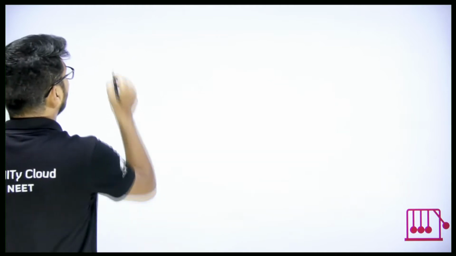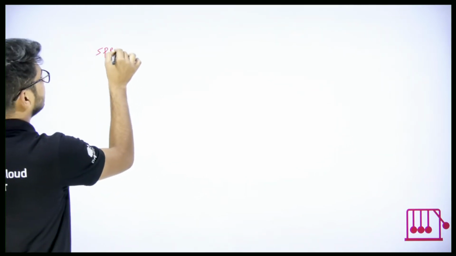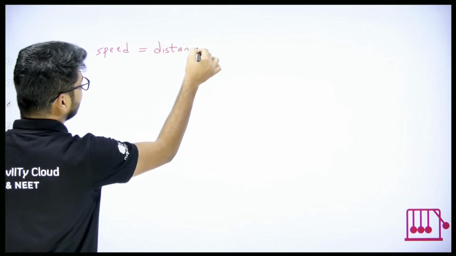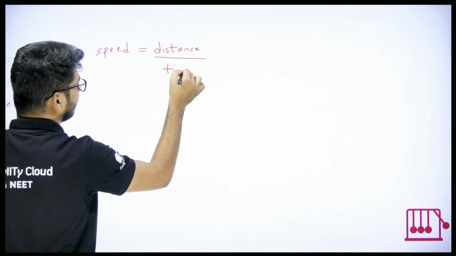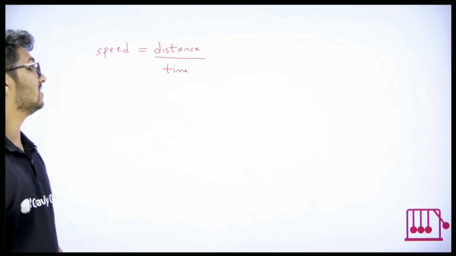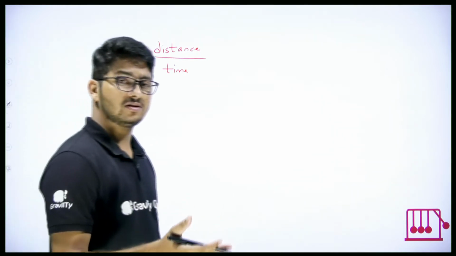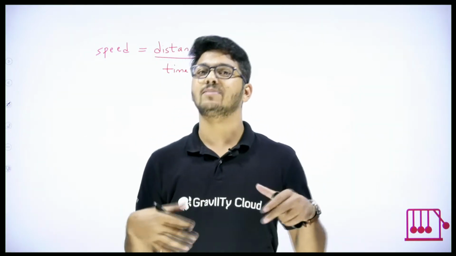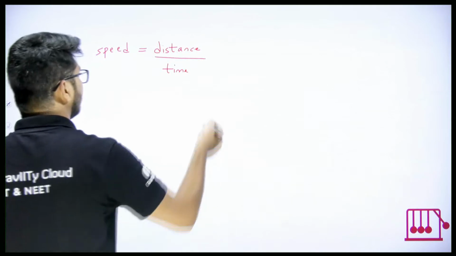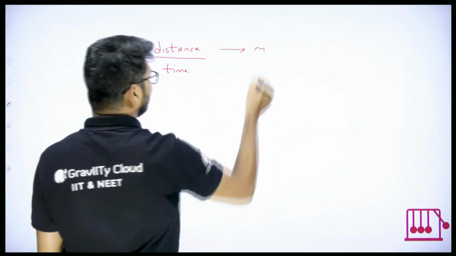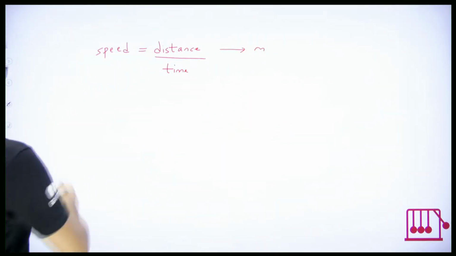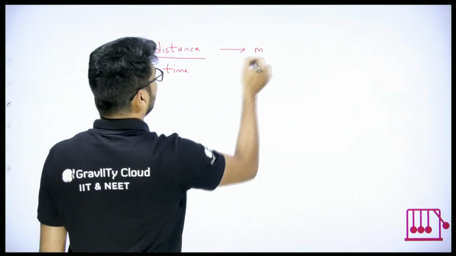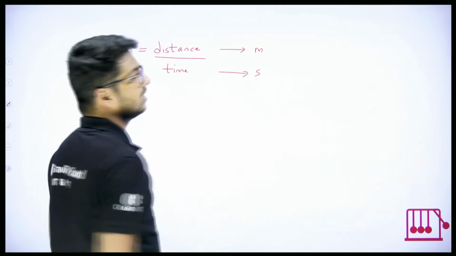Look at this. When we say speed is equal to distance by time, what is the SI unit of distance? Distance is nothing but length, right? So for distance or for length, the SI unit is meter. Good. And for time it is second.